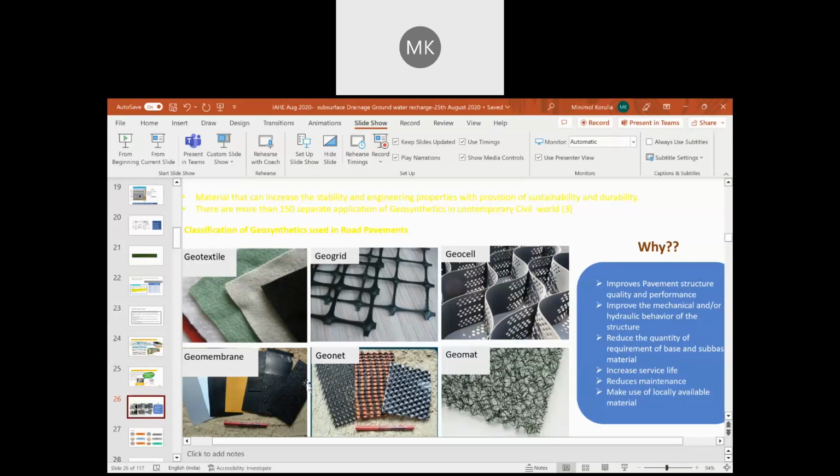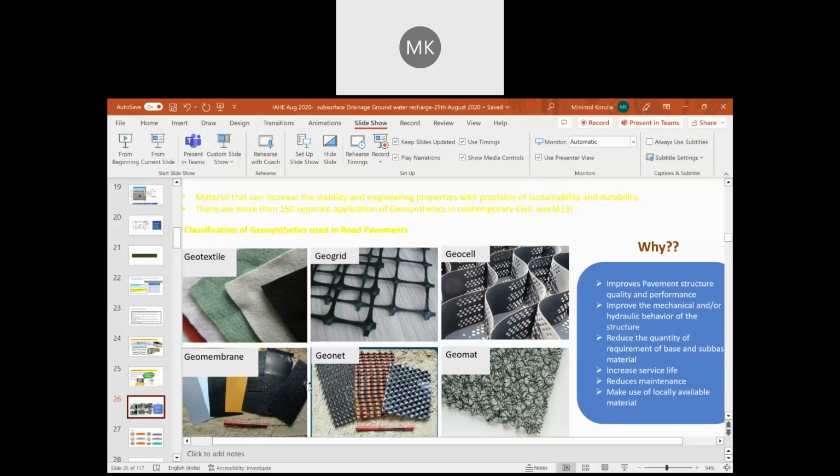I am asking because I feel that there is a small connection issue. Can you see the contents, the second slide? Yes, ma'am. And the third slide? Yes, visible.